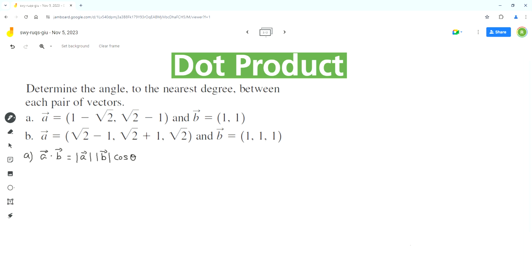Now we can find the magnitude of vectors a and b. For the magnitude of vector a, we need to square the components, add them and apply square root to the sum.